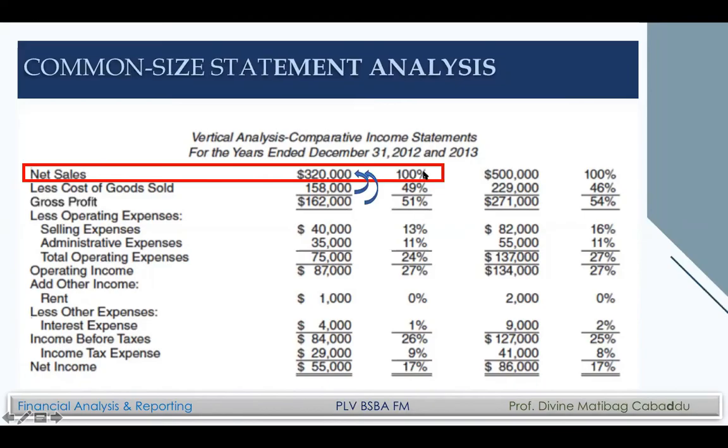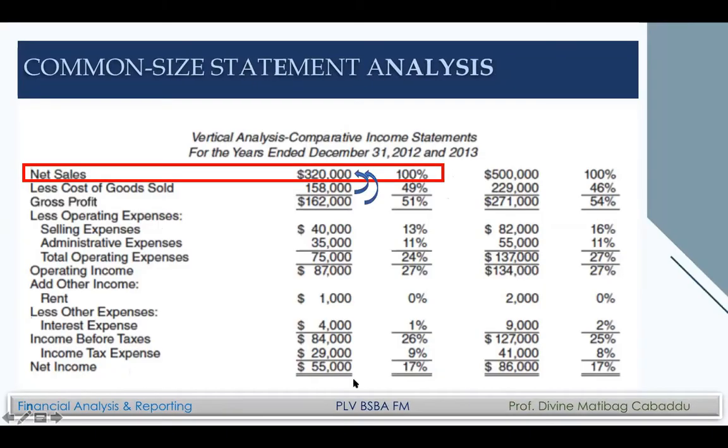So dito pa lang makikita mo, dun sa benta mo, na 100%, 49% of that yung cost of goods sold mo or yung pinuhunan mo. And yung natira, that's 51%. That means to say, if 100 pesos ang naibenta mo, 49 pesos, alam mo na agad, yan yung pinuhunan mo, and may matitira sa'yo 51 pesos. But of course, hindi pa yan yung pinakakita ng company because meron pa yung mga OPEX or operating expenses and other expenses.